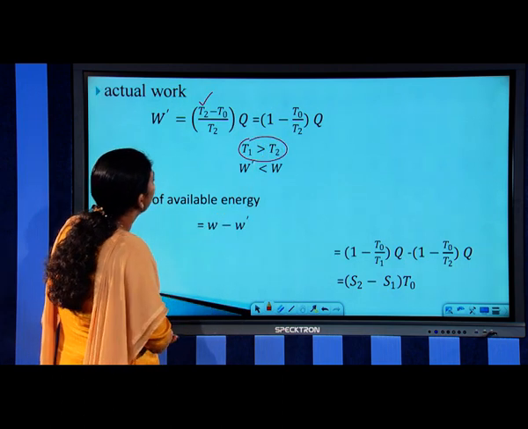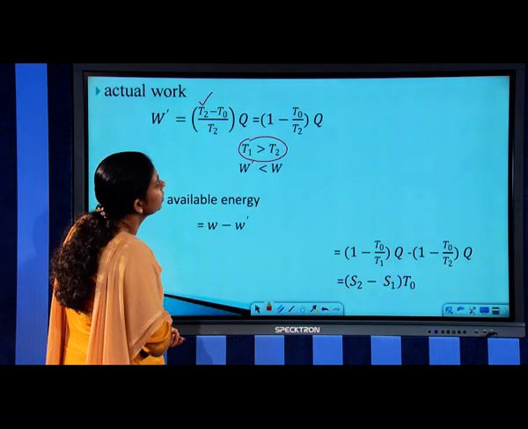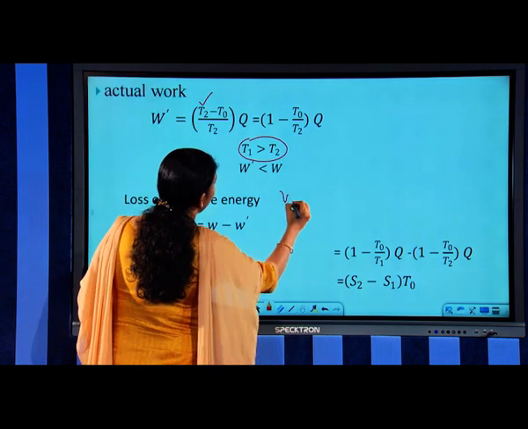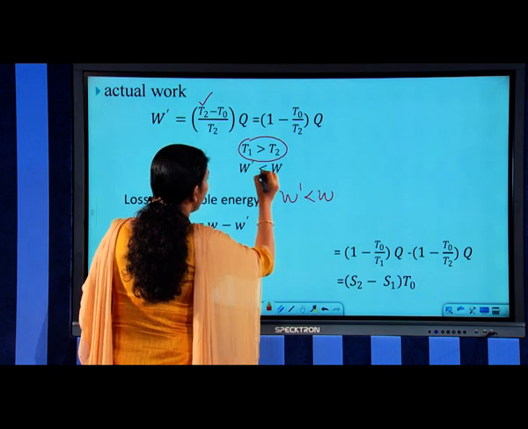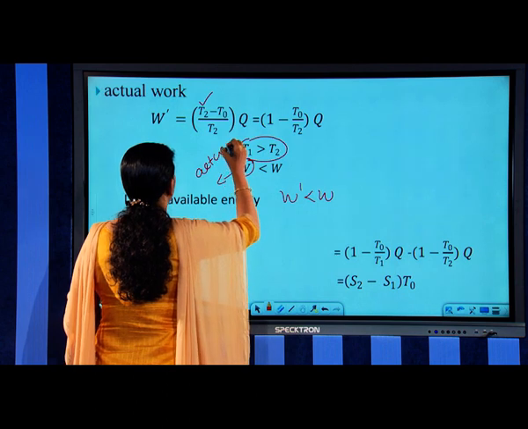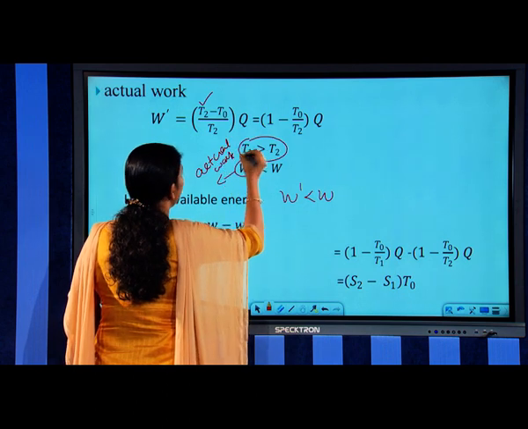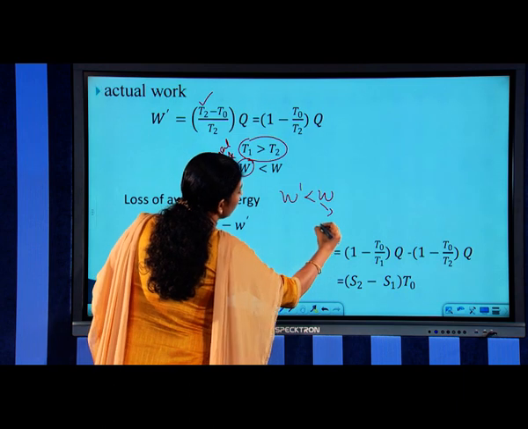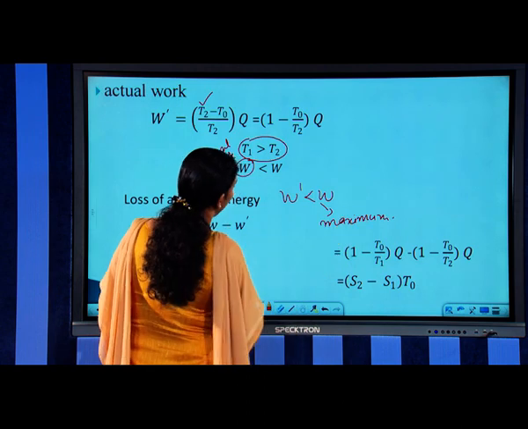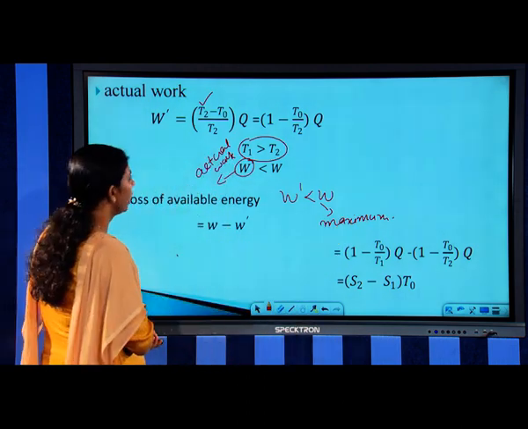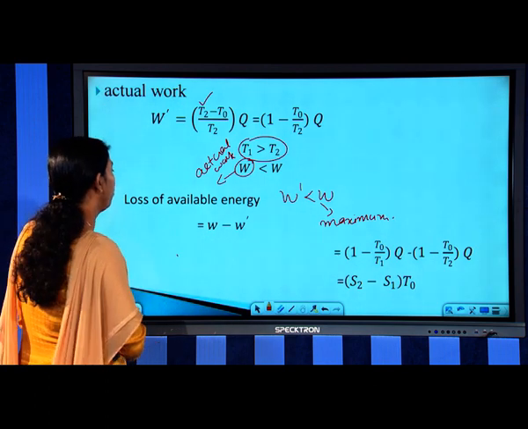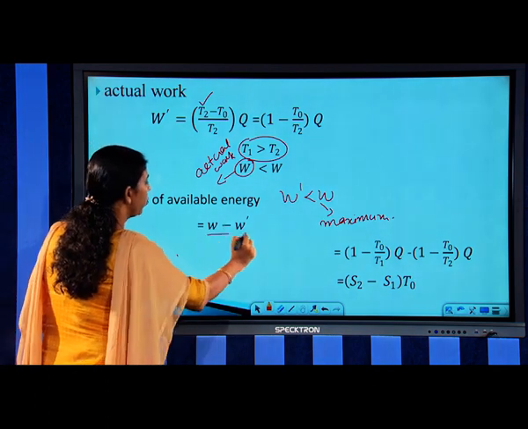So the equation becomes 1 minus T0 by T2 into Q, and W dash will be less than W. Here W dash represents the actual work, and W represents the maximum work. From this expression, the loss of available energy will be W minus W dash.